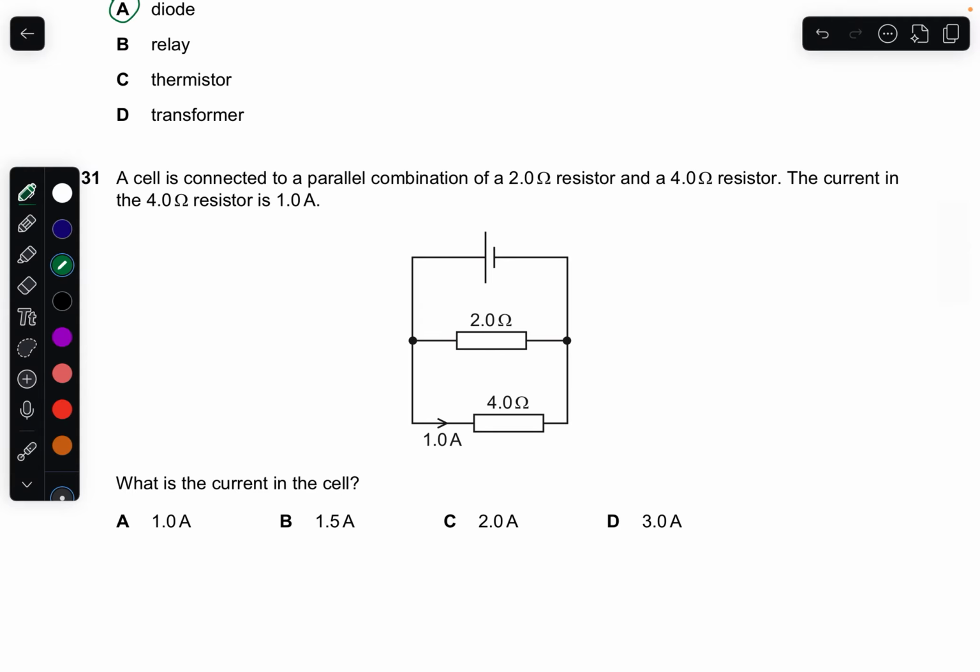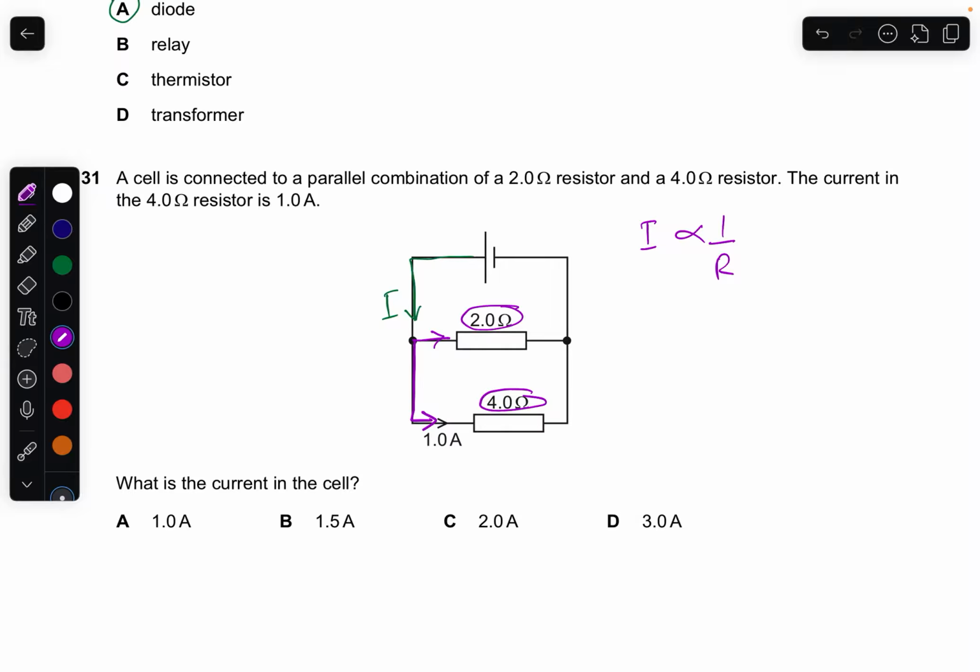There is a total current coming from there. When the current reaches this point, it has two choices. It can go there and it can move at this point. Current is inversely proportional to resistance. There is a resistance of 4, there is a resistance of 2. Where the resistance is double, the current will be half, and where the resistance is half, the current will be double.